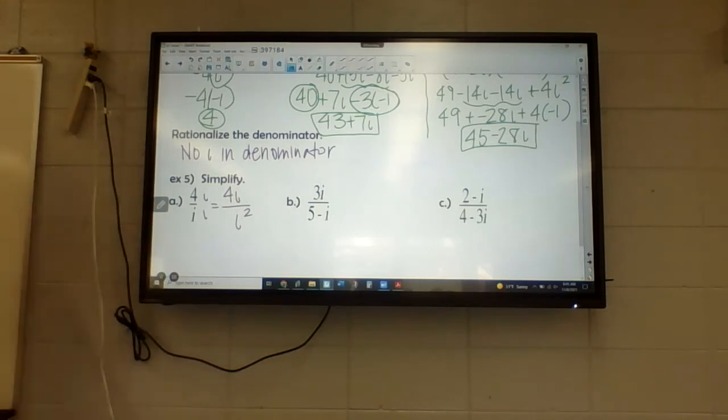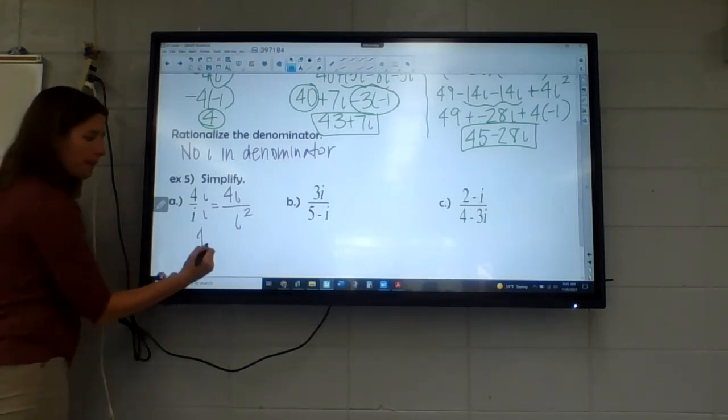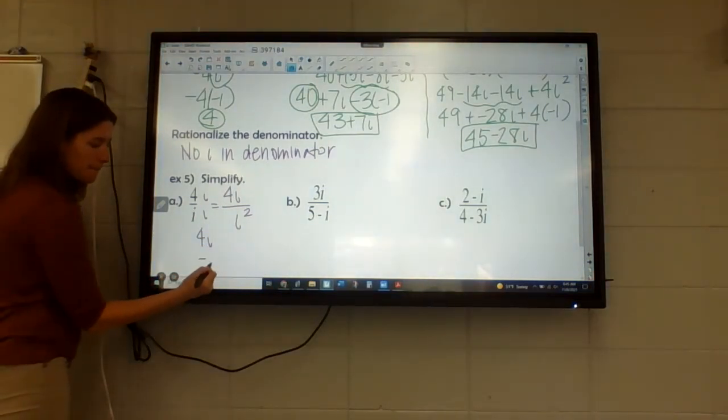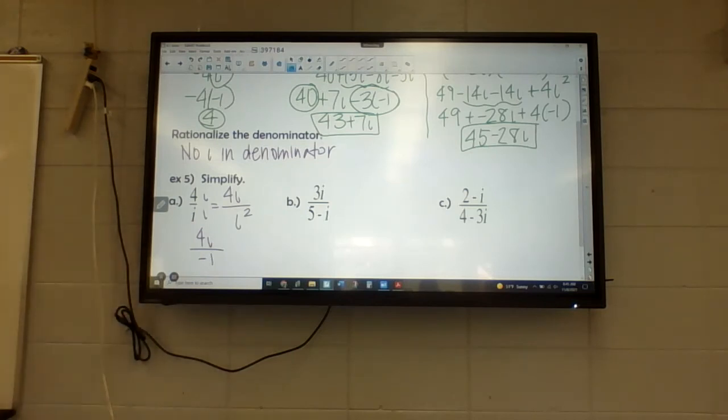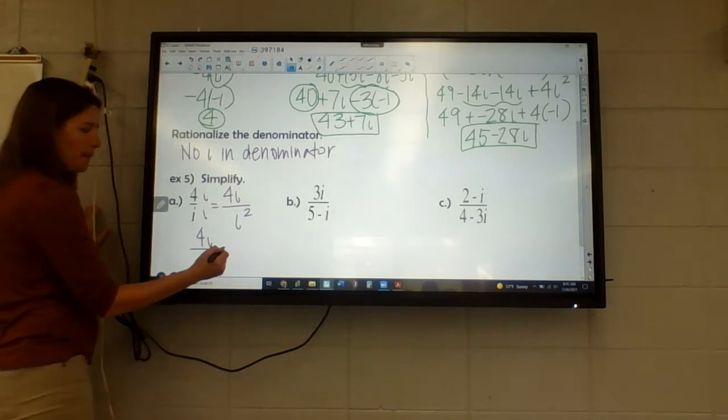Now please do not cancel those i's, you just put them there. i squared we know though is negative 1, right? And 4i divided by negative 1 would just be a negative 4i.